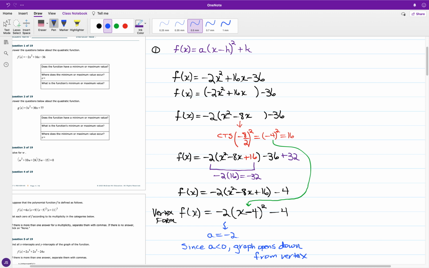So in this case, the vertex is going to be the high point. So this will be the location of the maximum. So you have a at negative 2.